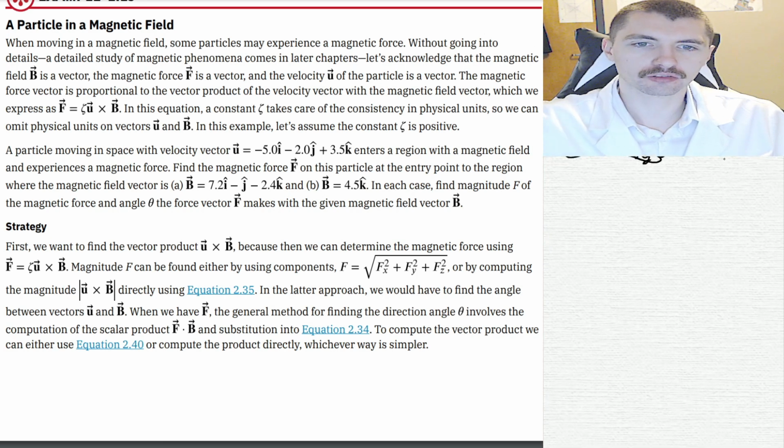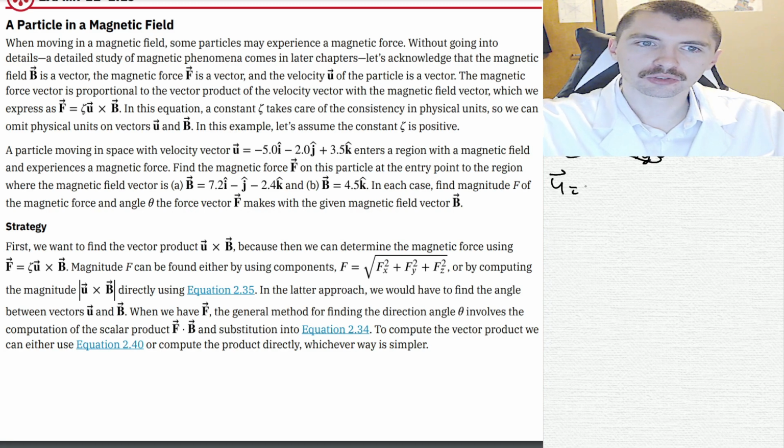So let's return to the problem. So we have U equals -5.